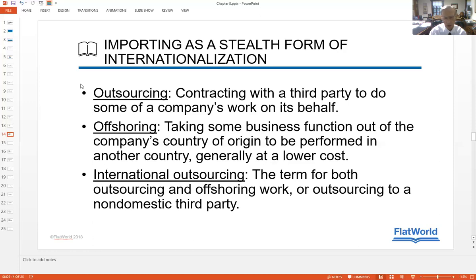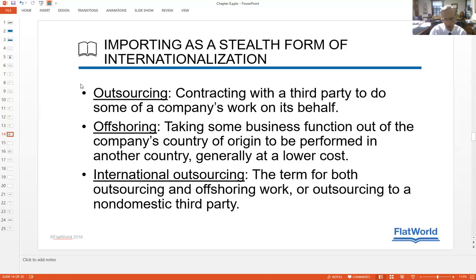So there are a lot of reasons why companies that have a value chain with several steps in it may take one of those steps and move it to other countries, more than one other country, so that those activities are located closer to the foreign markets where they're going to be needed. And so anyway, that's business process outsourcing.